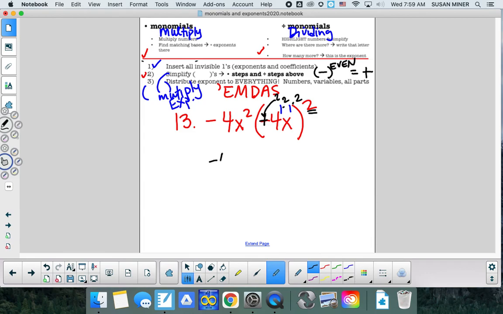And so when I simplify this, I'm going to have 4x squared, and that's going to be timesing 4 to the second, x to the second. And now it's positive because of our negative rule, right? If I have a negative inside the parentheses and an even numbered outside, it's going to turn positive. Okay, so now I've simplified my parentheses.